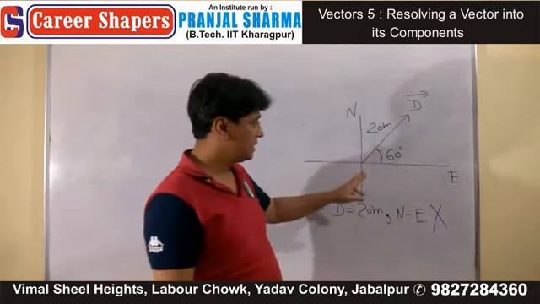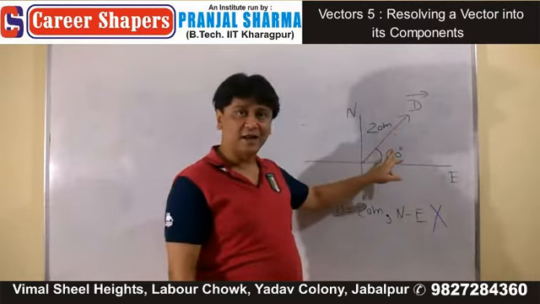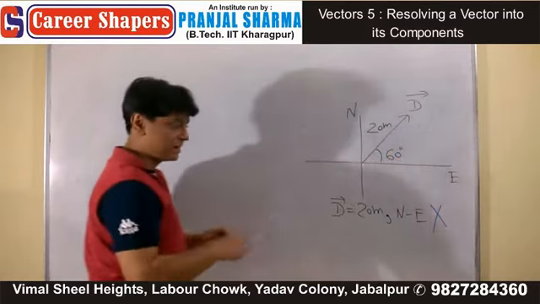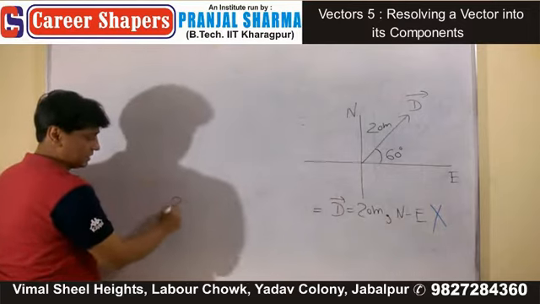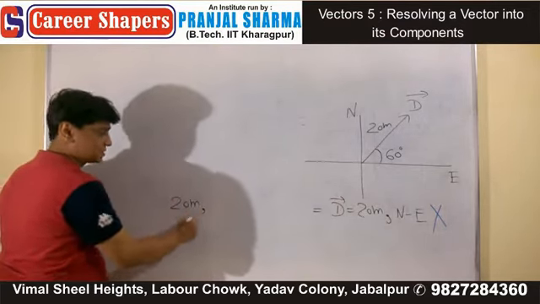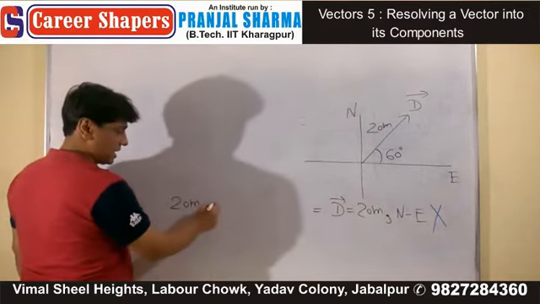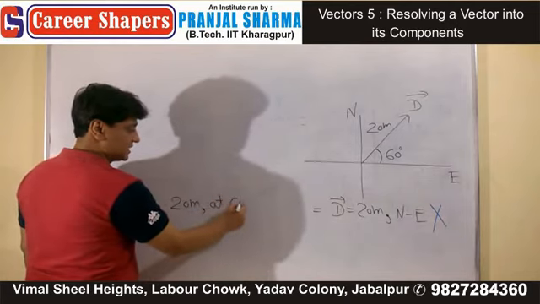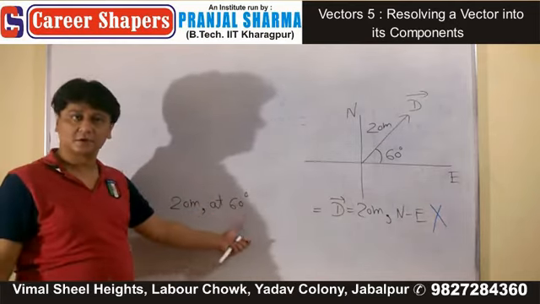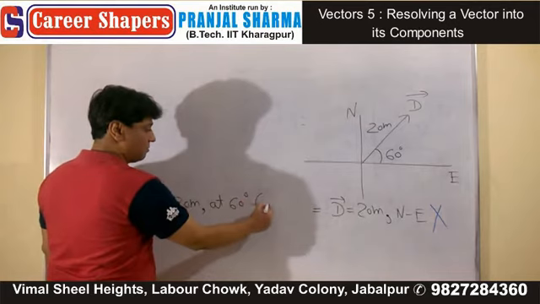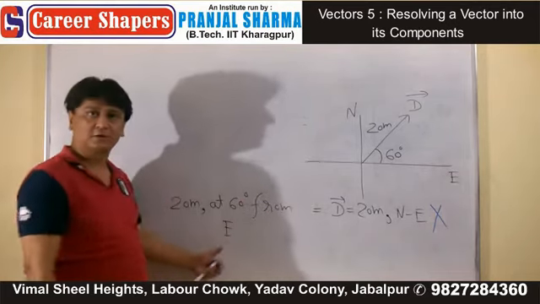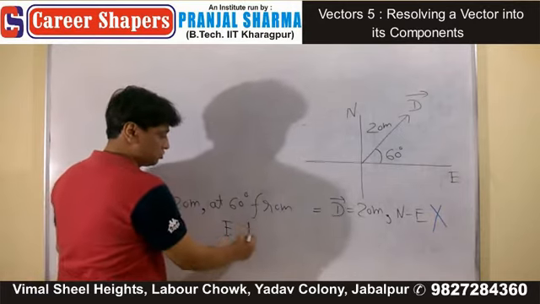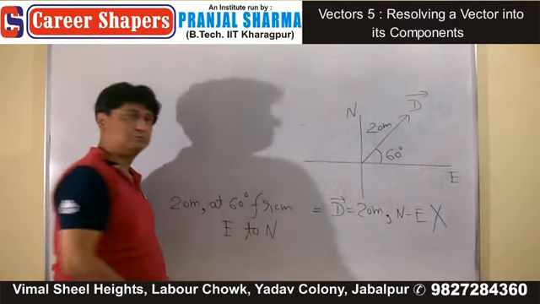We say that the direction is: it's 20 meters at 60 degrees from east to north.